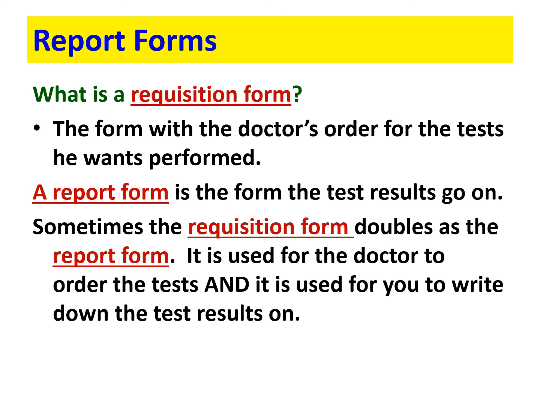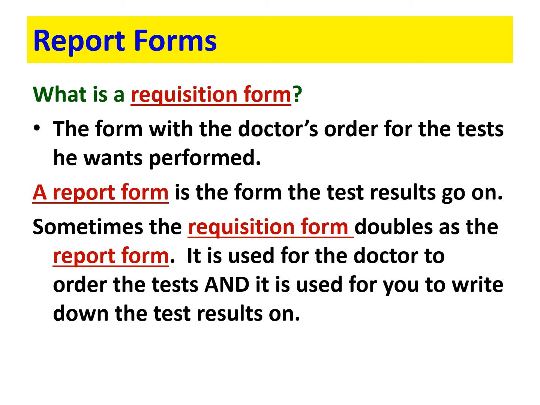Remember, sometimes that requisition form can double as the report form. It is used for the doctor to order the test, and it is used for you to write down the test results on. So if the requisition comes down and one person draws the blood, they will put their initials and the date and the time that they drew the blood, take the sample, and deliver it to the chemistry department.